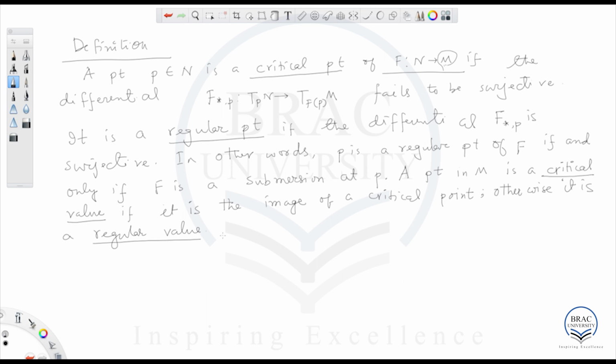Okay. So two important aspects of this definition.